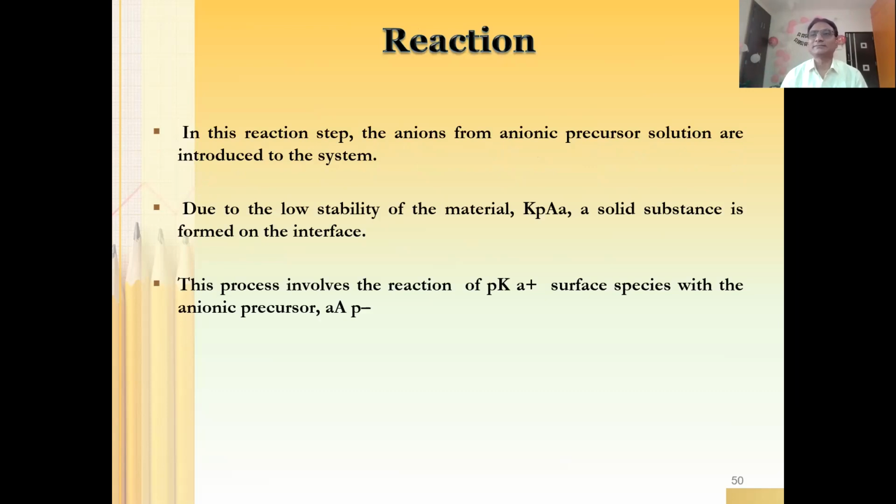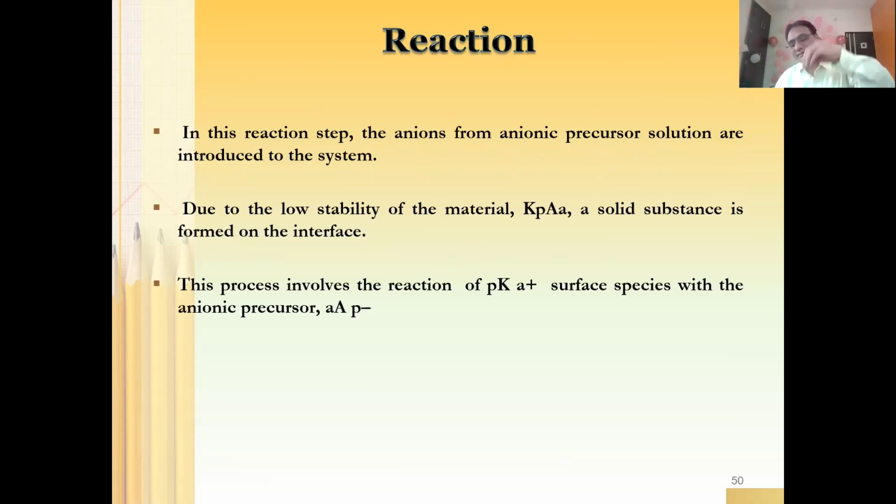Second is reaction. Like first is adsorption. As I mentioned earlier, there are four beakers. One is going to have the cationic solution, the second is going to have deionized water, the third beaker is going to have the anionic solution, and the fourth beaker is going to have deionized water again.